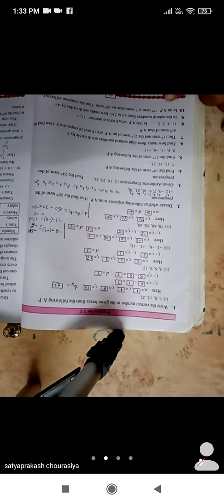The value of the 17th term is 7 more than its 10th term, so whatever value is found in the 10th term, the 17th is 7 more. Find the common difference. So here we have to find out the d value.